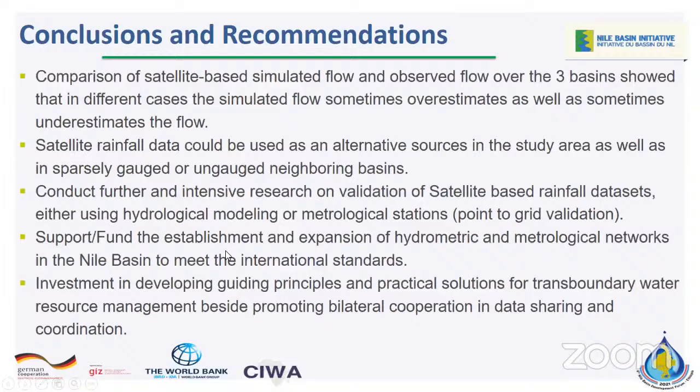When we talk about the international standards of meteorological stations, according to WMO, the recommended density of ground rainfall or meteorological station network in tropical regions is 1 gauge per 600 square kilometers for flat areas and 100 square kilometers for mountainous areas.